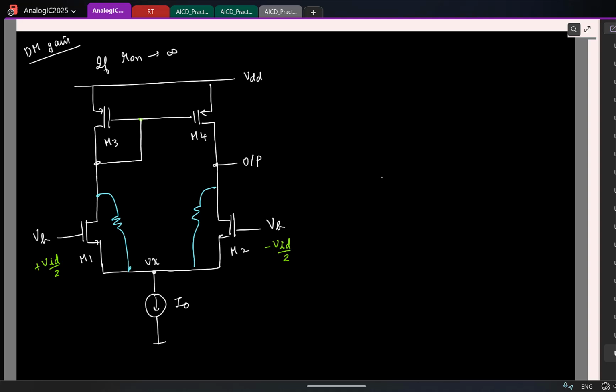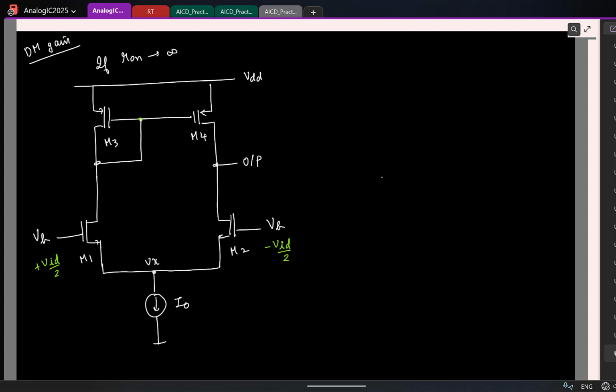So which means if I ignore the R0 of the transistors, I have no coupling from the drain side to the source side, which means whatever happens at these two nodes has no bearing on what happens at the source side, right?